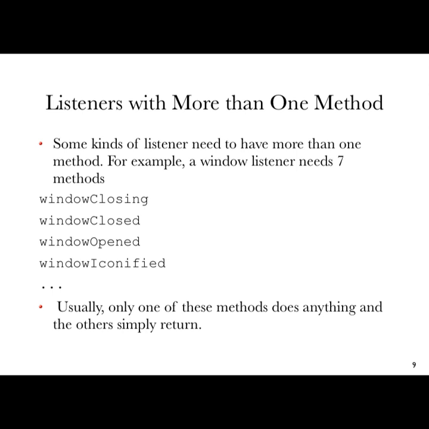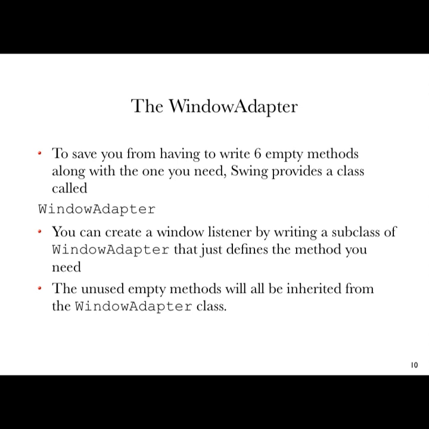Obviously you could implement the remaining ones to do nothing and return, but there is a more sophisticated way. There's something called a WindowAdapter, which allows you to define just the one method that you need. Back to object orientation, it uses inheritance to get the other methods.